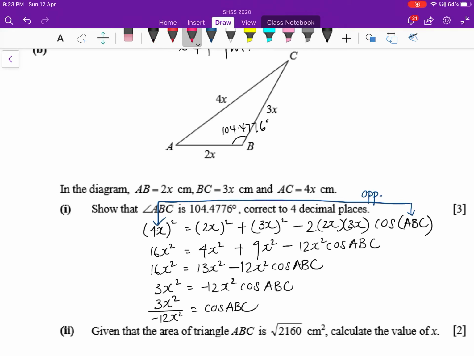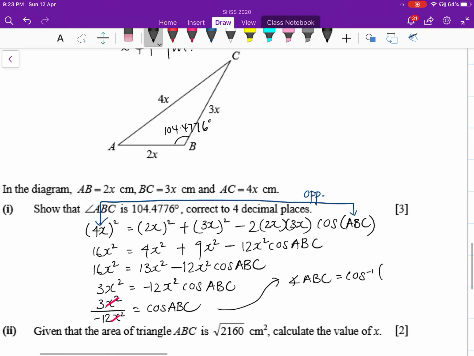You can just divide by the x squared on top and below to give you 3 over negative 12. If you cosine inverse 3 over negative 12, you will get your ABC. So angle ABC equals cosine inverse 3 over negative 12, which will give you 104.4776.